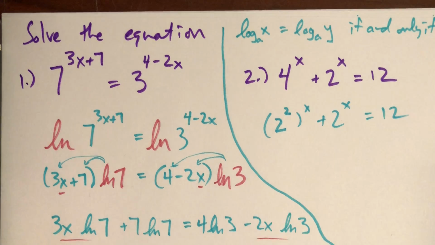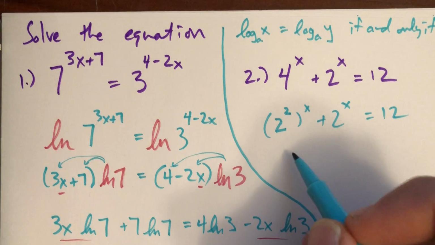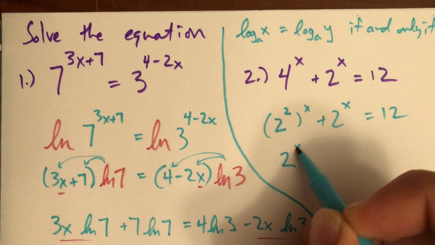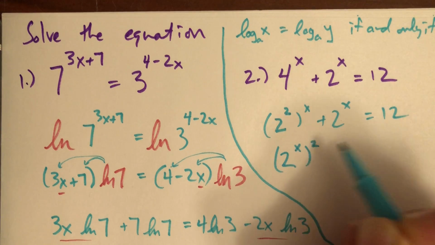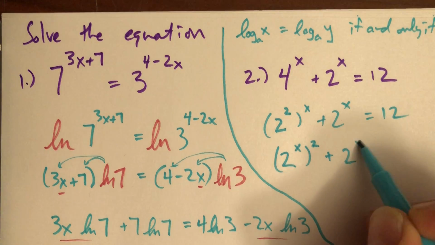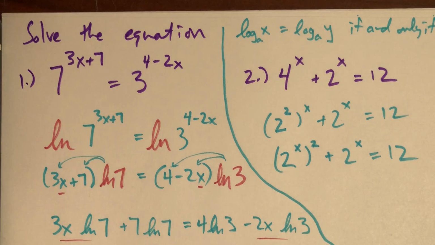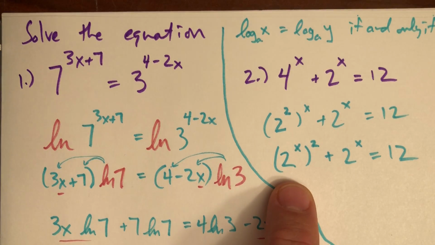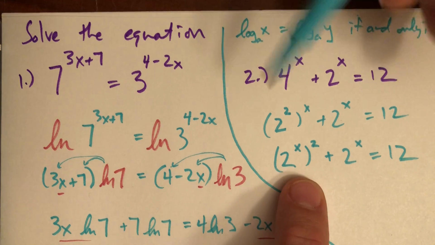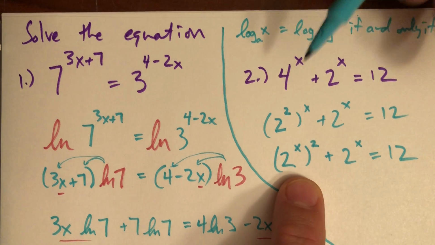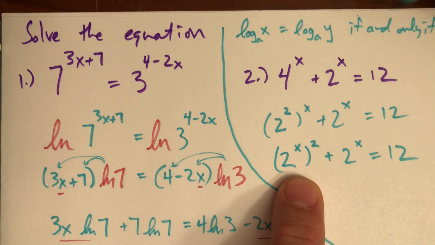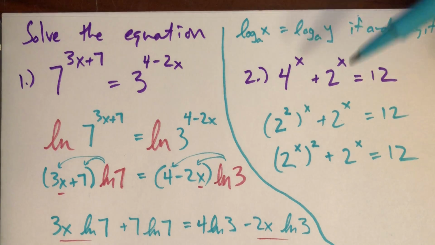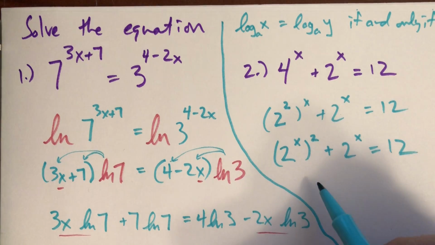So now I can rewrite this. I've got 2 to the x, squared. We know that when we raise a power to a power, we multiply. We also know multiplication is commutative, so we can multiply in whatever order we want. So these two objects are the same. And now we can hopefully see more clearly that this has quadratic form.